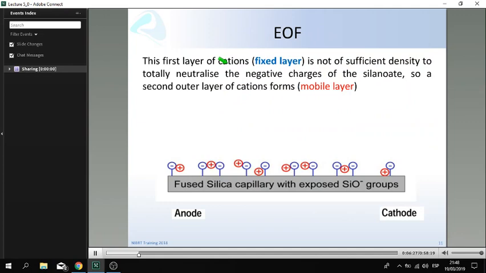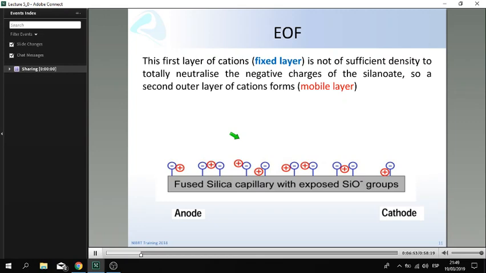They will actually create an electric layer. So the way it looks is, the first layer of these cations that are strongly attracted to the negatively charged silanol groups forms a really strong fixed layer. That layer is really fixed to the sides of the capillary, but it is not sufficient to totally neutralize all the negative charges on our silanol groups.